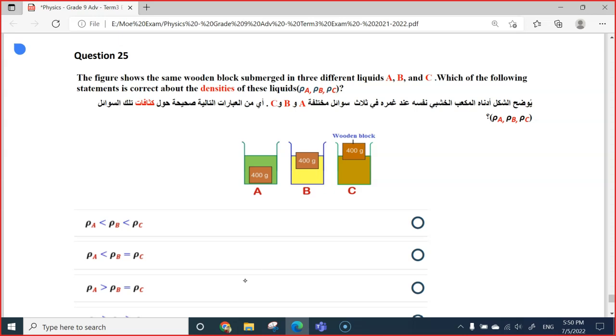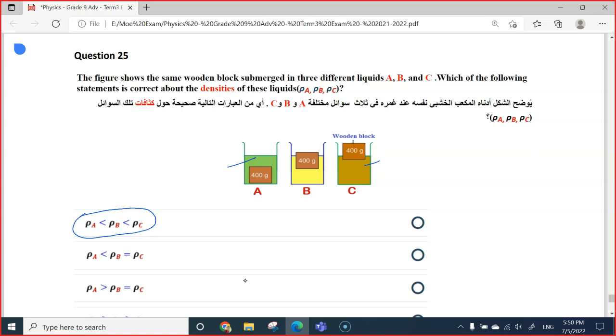Here you can see the 400-gram object is completely immersed in this liquid, which means the density of this liquid is the smallest, and this has the highest value of density. So we will choose this one: density of liquid A is less than density of liquid B, and that is less than density of liquid C.